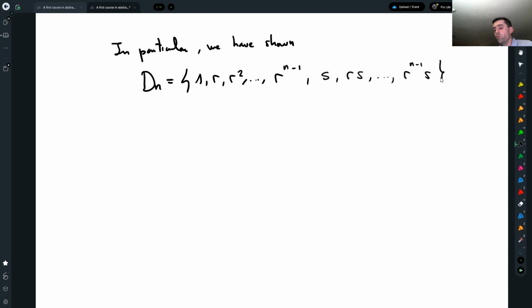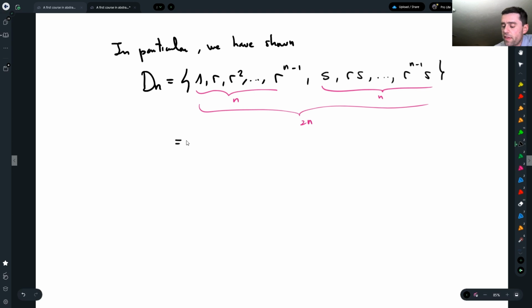And you see that there is n elements here, there is n elements here, so in total there is 2n elements, and that's all of them. And that in particular means that it is generated by r and s, that the elements r and s under multiplication generate all the dihedral group. Great. And r and s satisfy the properties that we want. R to the n is 1 and s squared is 1.